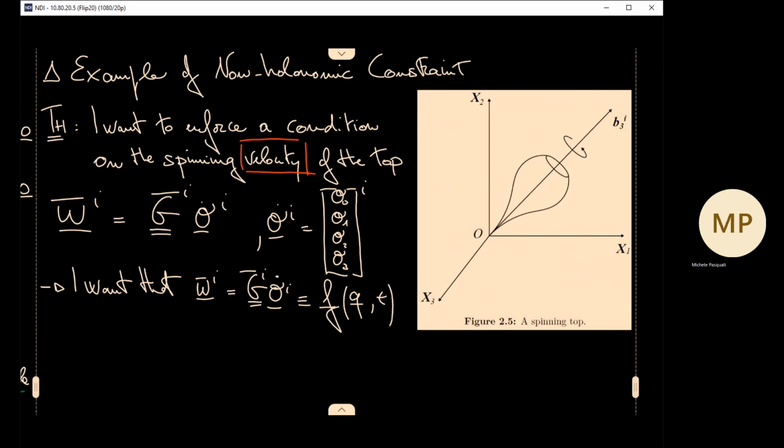Now, if you watch this, you can notice that it has the form of non-holonomic constraints. Why?